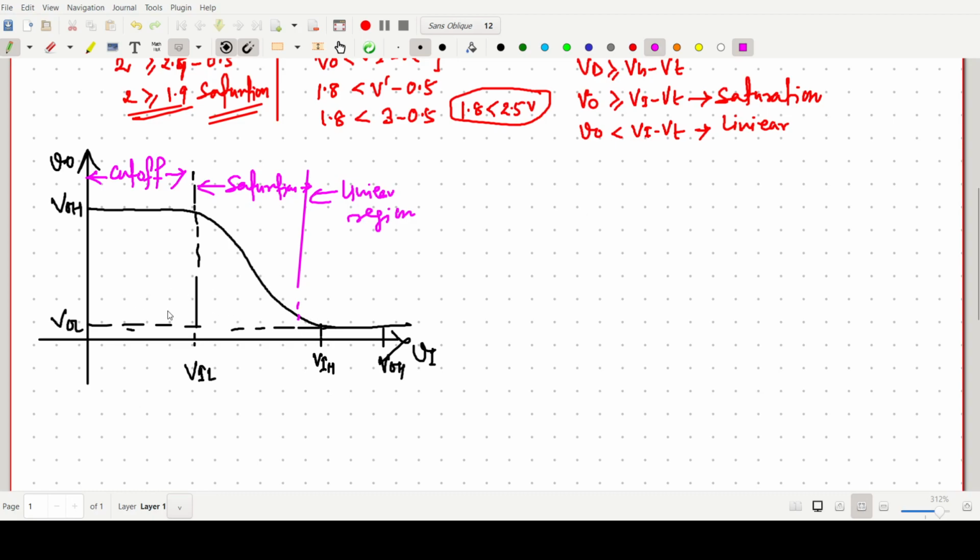Now, this point we can say is VOL, for the concept of noise margin.